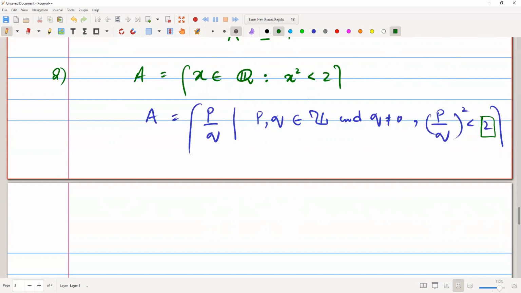So we cannot find the least upper bound for this problem.